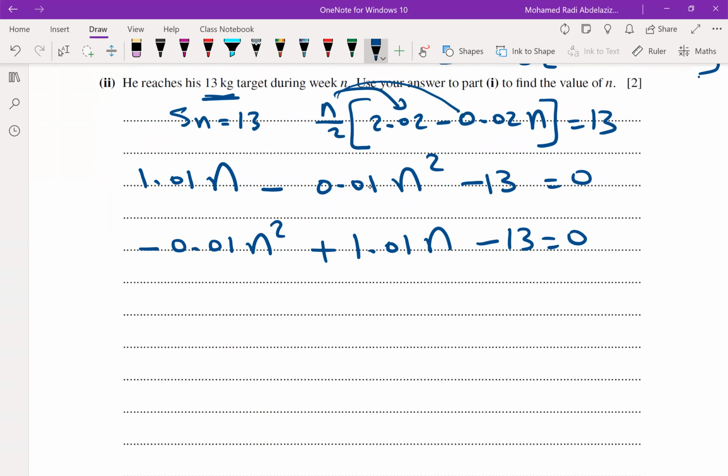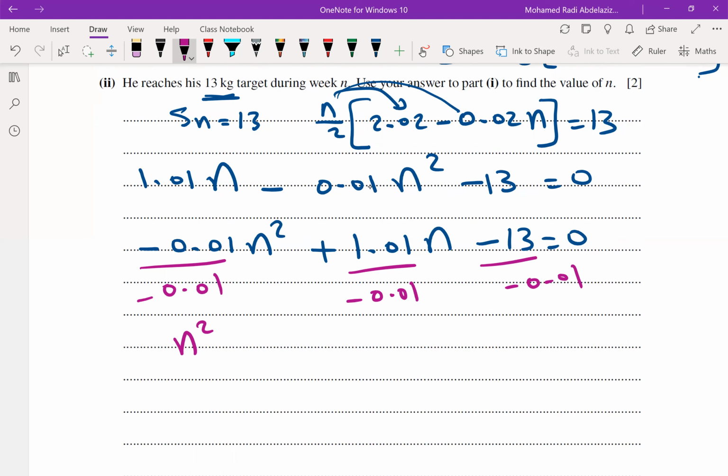You can use now the quadratic formula. You can simplify by dividing by negative 0.01 and simplify. The first is n squared.